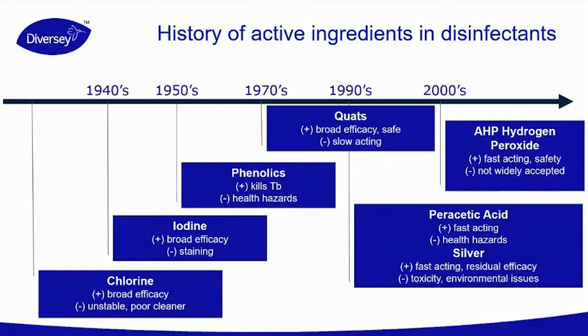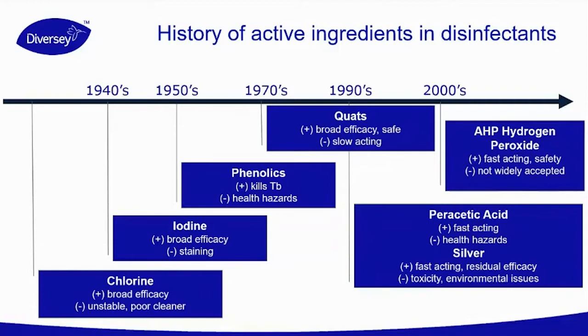Then in the 1950s, we have seen the iodine, in the 1960s, the phenolics, and in 1990, the quats. The quaternary ammonium, they are very used broadly within Europe. They have broad efficacy, however, they are also slow acting.